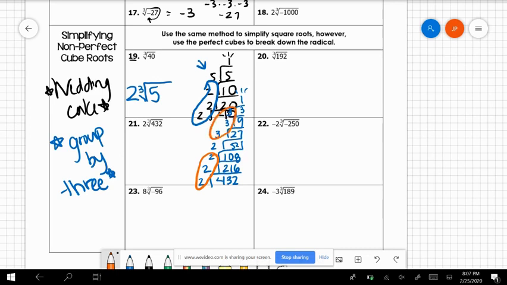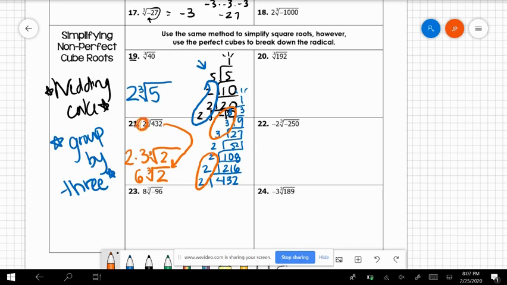So now the things that I've gotten out of the radical, one group of 2s times one group of 3s with a 2 underneath the radical. So that is me reducing the cube root of 432.